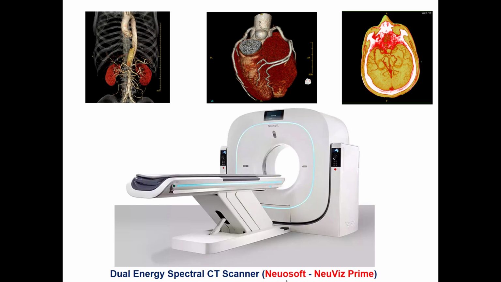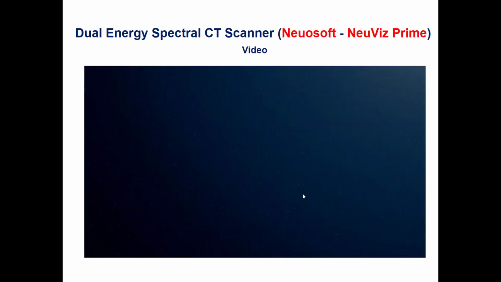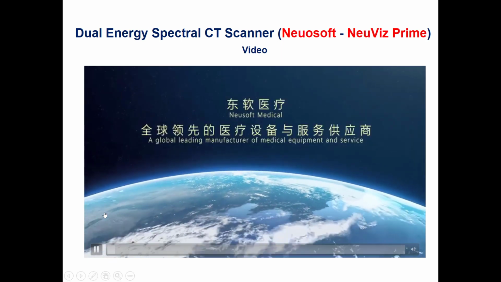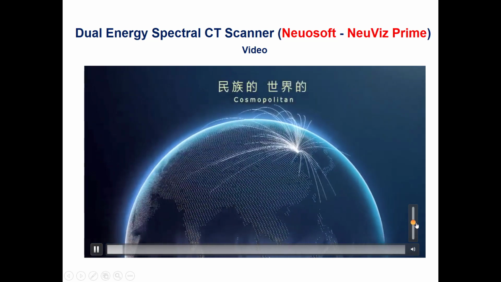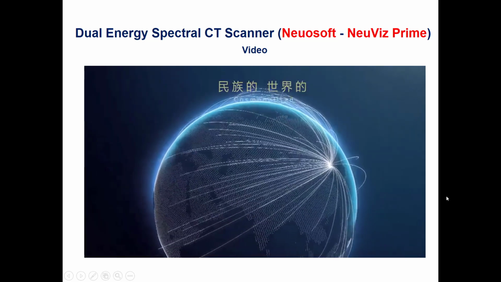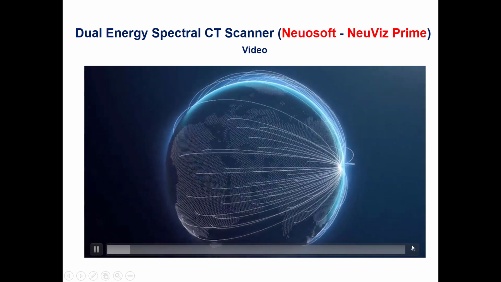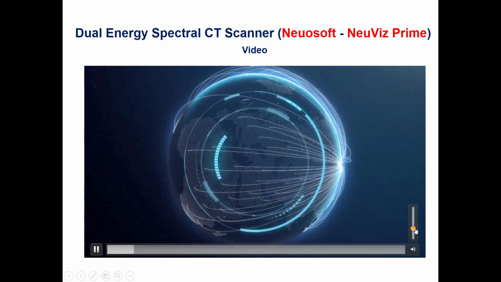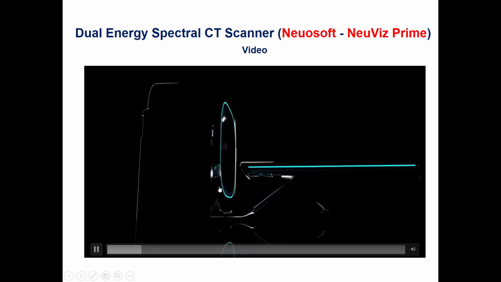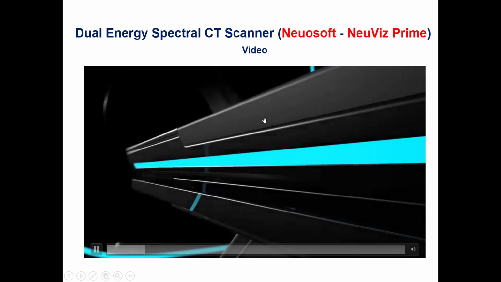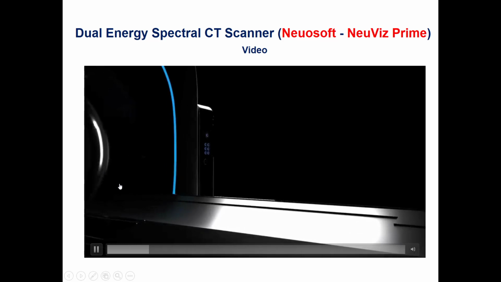The first one will be the Neusoft, the model NeuViz Prime, and we will have a short video about this. We'll see the properties and specifications for this spectral CT.